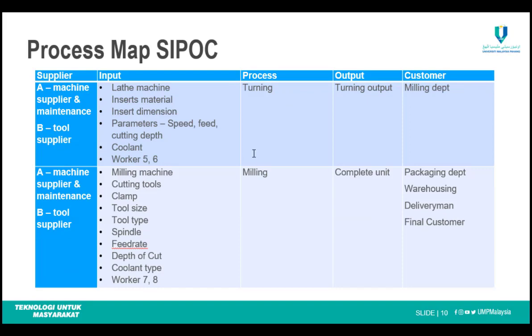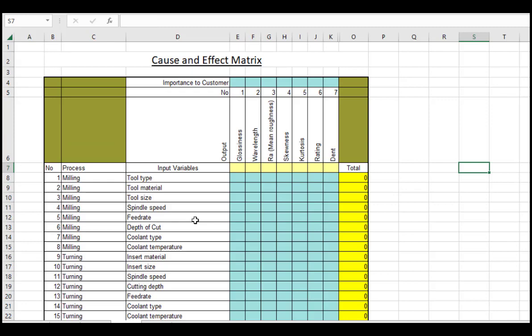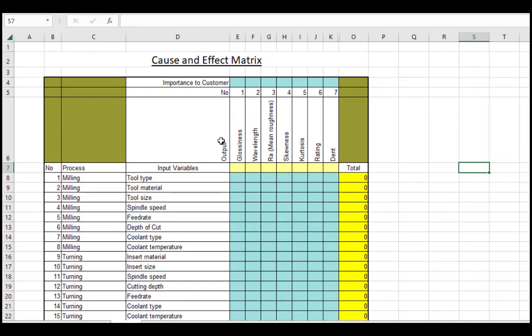So for turning and milling, we will fill in the process here. Okay, the process is milling, then the input variable is tool type, maybe. So we fill in the form here. Now we have filled in the form, in terms of the outputs and also the inputs that we consider.